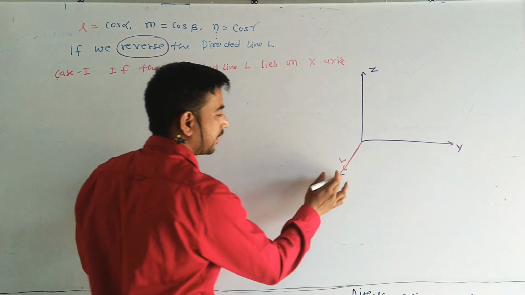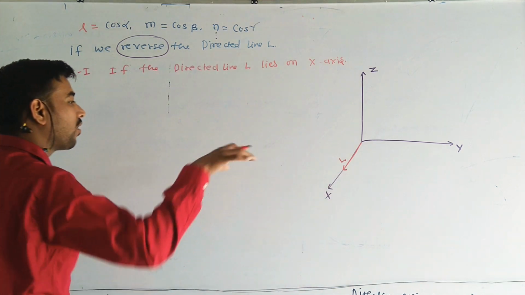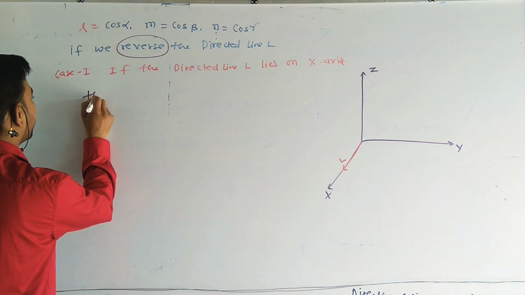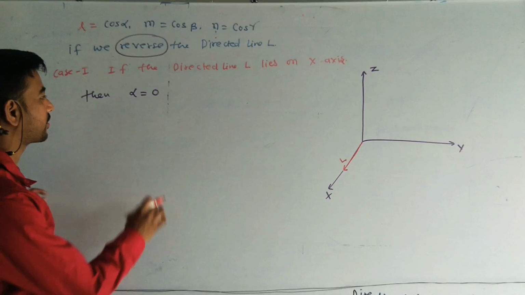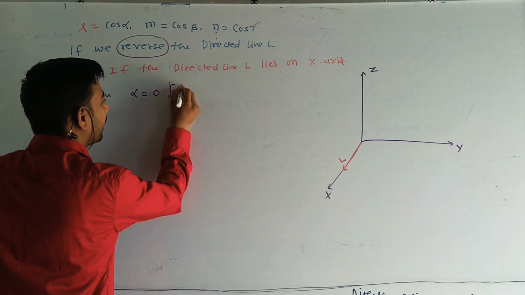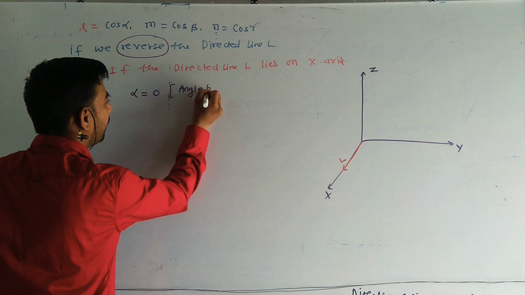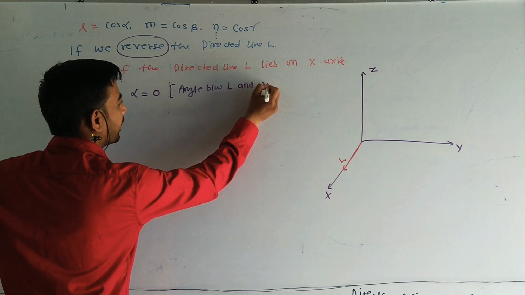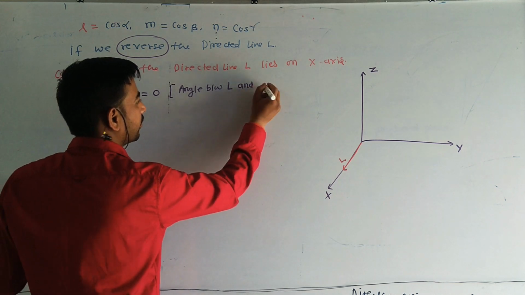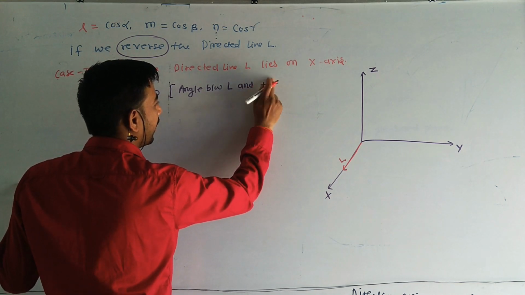So in these conditions, when the line lies on the x-axis, then the value of alpha is 0 degrees, because alpha is the angle between the directed line L and the positive x-axis.